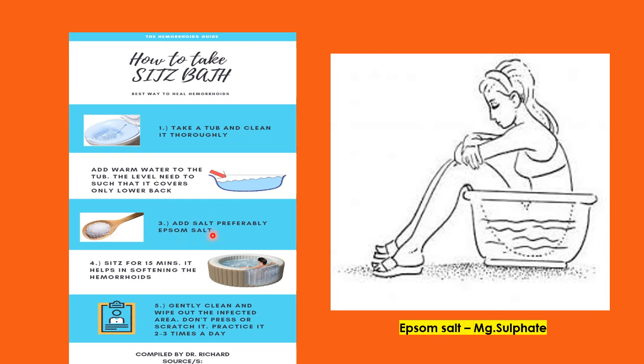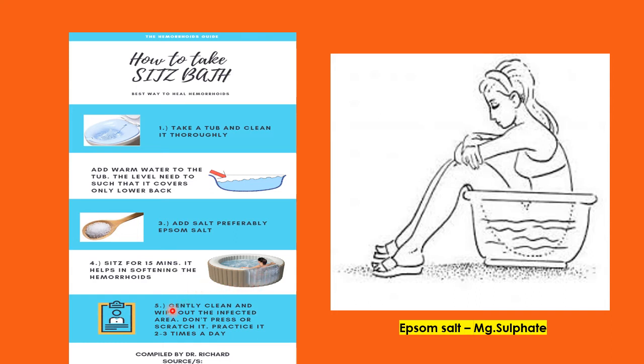Add salt, preferably what we call Epsom salt, which is a salt of magnesium sulfate, more potent in reducing edema than normal sodium chloride. Stir it until it is nicely dissolved and sit in the bath for a minimum of 15 minutes. It helps in softening the hemorrhoids and reducing the pain and other symptoms associated with the complicated hemorrhoid.